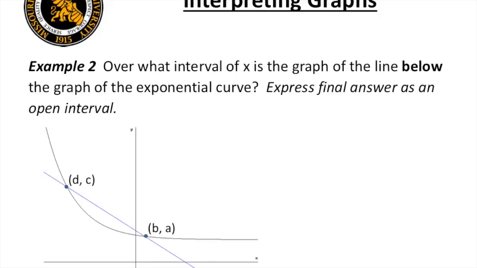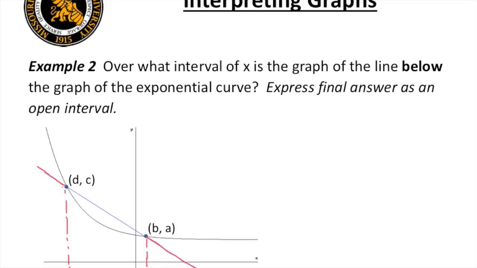In example 2, it asks us over what interval of x is the graph of the line below the graph of the exponential curve. So notice that the line is below the exponential curve to the right of this point where x is b, and to the left of this point where x is d. So we now want to describe these intervals going in opposite directions.